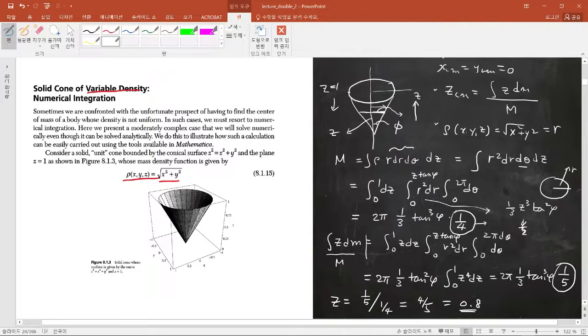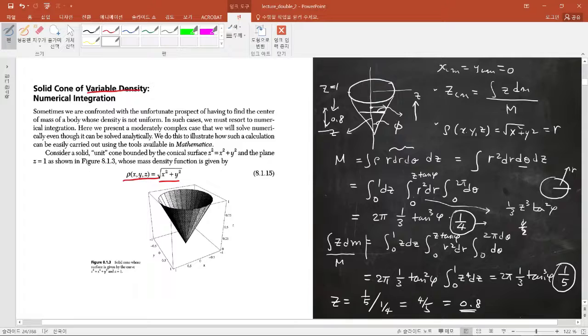If this extends, you have some pattern, because you only have this extra factor in z. Anyhow, for this height, z equal to 1, the center of mass lies about 0.8 from the bottom.